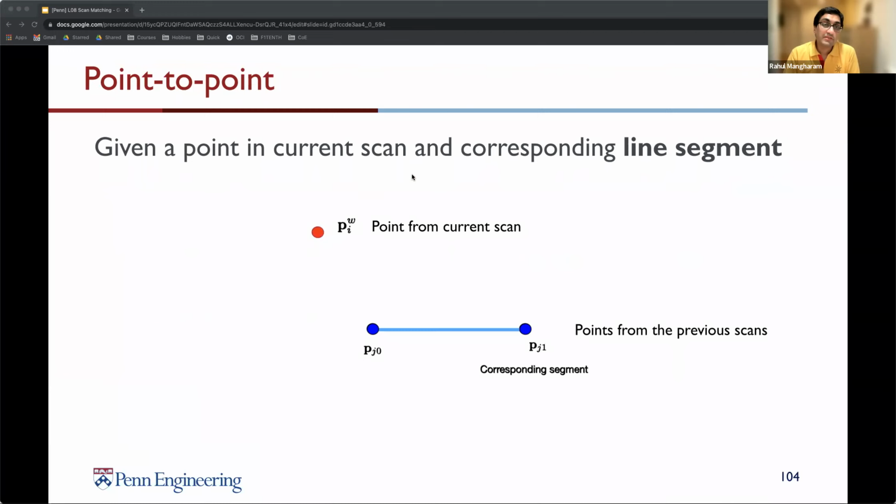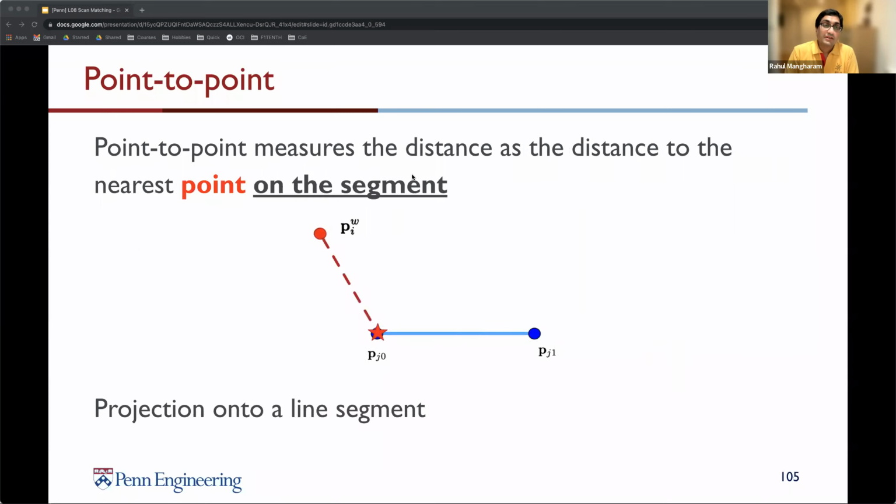The first major improvement of the PL-ICP is a change from a point-to-point metric to a point-to-line metric. In order to understand how this improves the performance of scan matching, we'll delve a little deeper into the definitions of both. Given a point in the current scan, p_i^w, and its corresponding line segment p_j0 to p_j1, the point-to-point metric measures the distance as the distance to the nearest point in the segment.